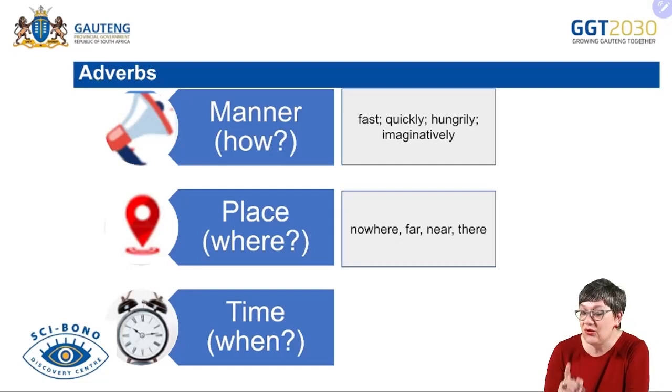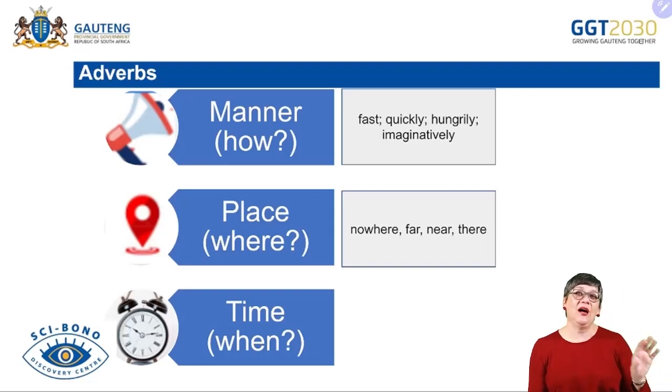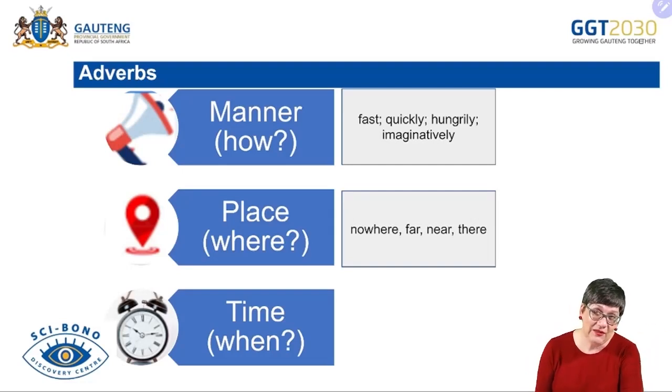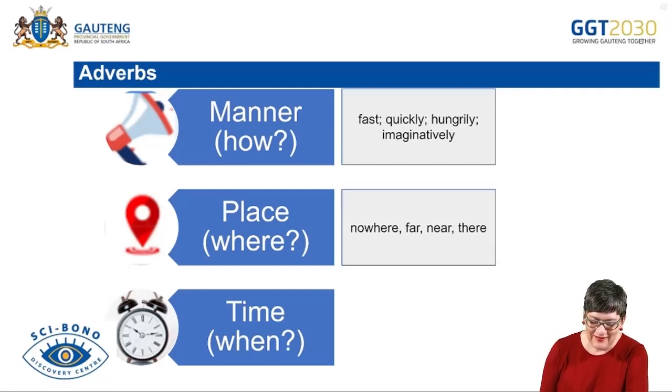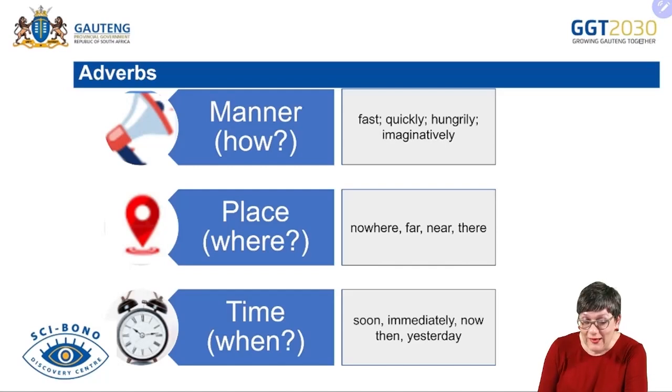Remember, it always describes the verbs. It's an adverb. Just like the adjective describes the noun or the pronoun, the adverb describes the verb. So we've got manner, how it's done, place, where it's done, and time, when was it done. Soon, immediately, yesterday. So all your time words getting there.